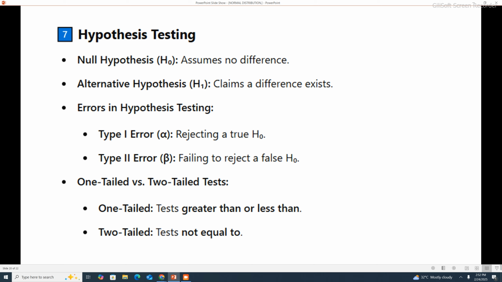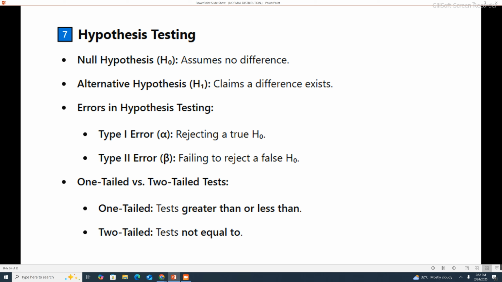Now we are using the instrument, and we discover 2.1 or 2.2 mm. So we can set a hypothesis and say there is no difference between 2 mm and 2.1 mm. That is, there's no significant difference. That's our null hypothesis. So our alternative hypothesis will be that there is a difference. That is the H1.